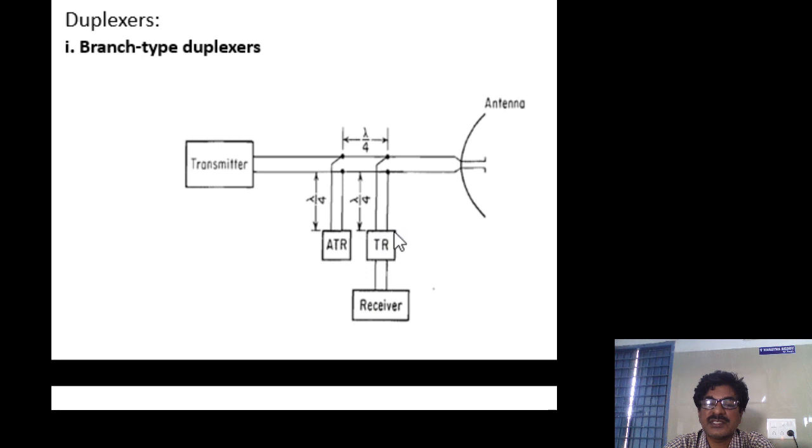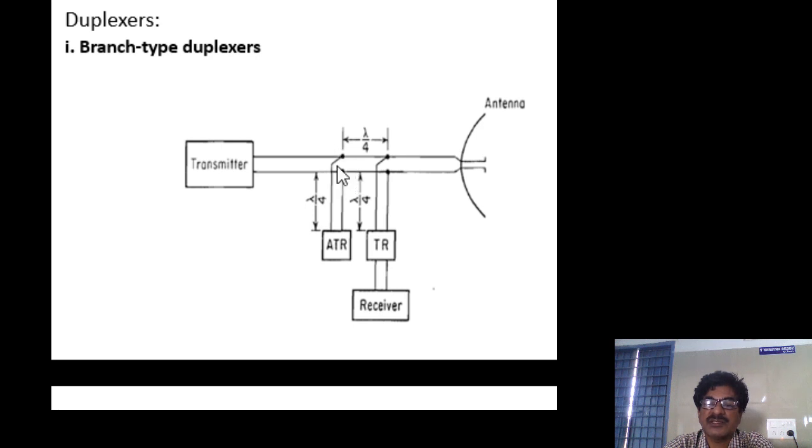Since TR is open, does the pulse enter the transmitter or not? That we will see now. In the main transmission line, the distance between ATR and TR is lambda by 4, and at a lambda by 4 distance the transmission line acts as a short circuit.